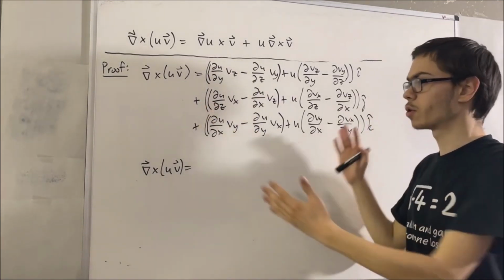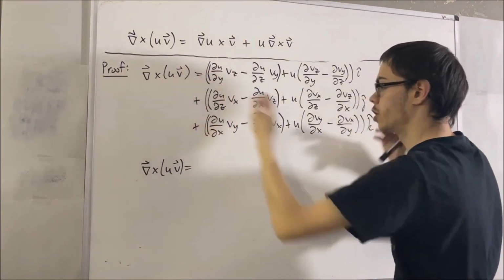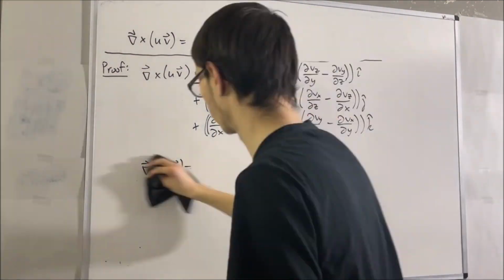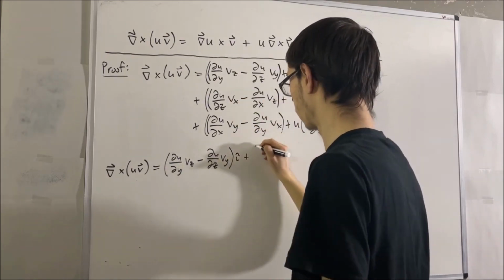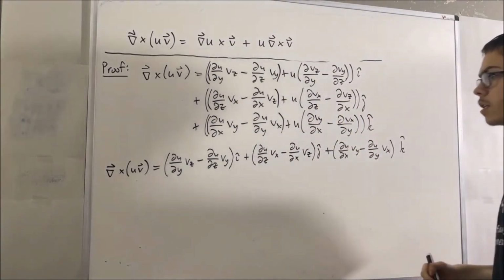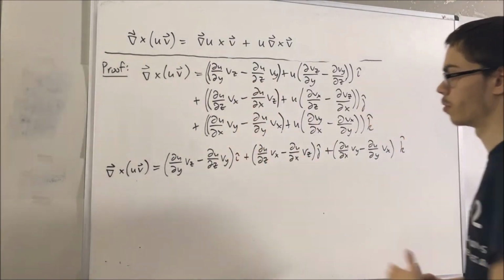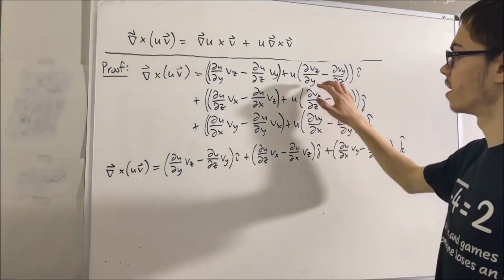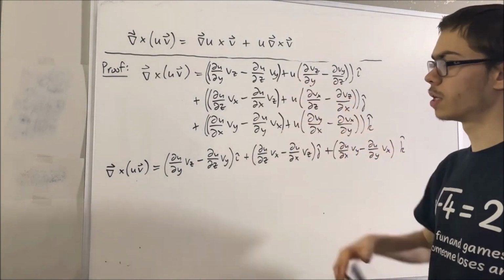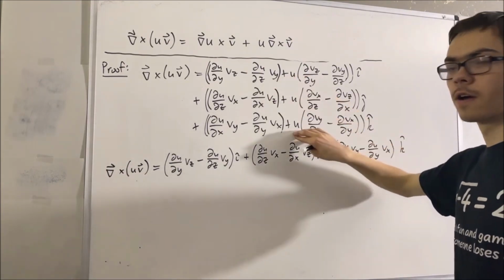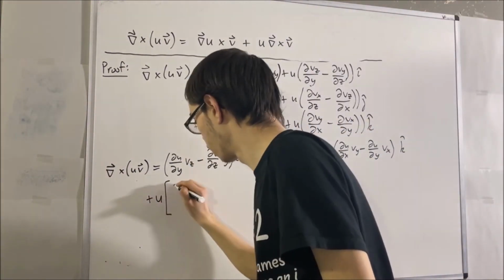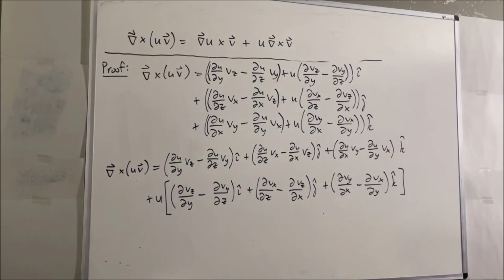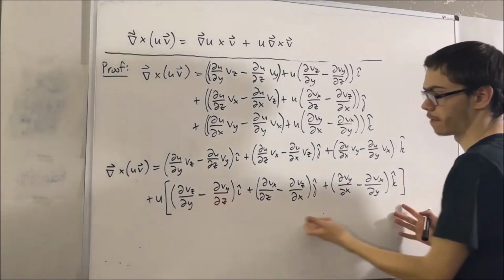So we're now going to break this singular vector up into a sum of 2 vectors. Again, our first vector will contain these 3 components. So this is our first vector consisting of these components. But then our second vector will contain these components. But notice each of these components is multiplied by u, so I am just going to factor out u from the second vector. And so this is what we would get for the second vector.